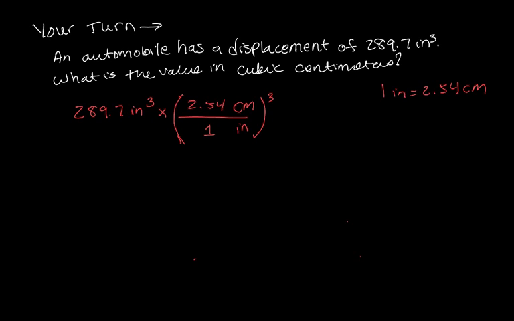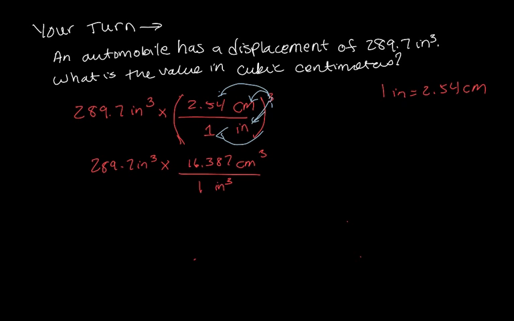And when we do that, we end up with something like this, 16.387 cubic centimeters, because remember, we have to bring this cube into our unit and into our number. And we do the same thing on the bottom here, to our unit and to our number. But 1 cubed is just 1, and then inches cubed.